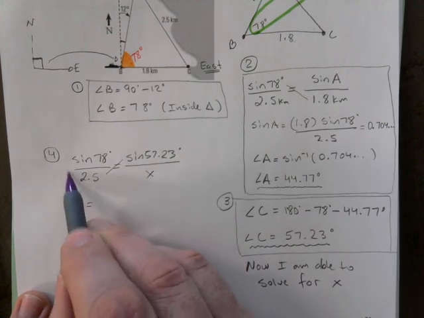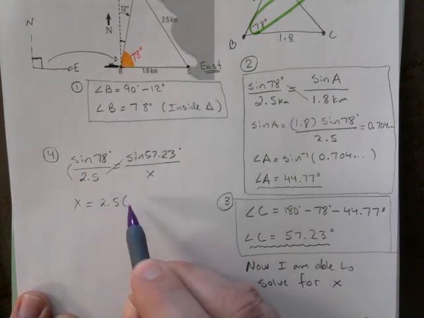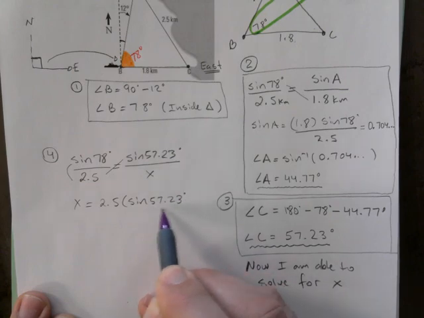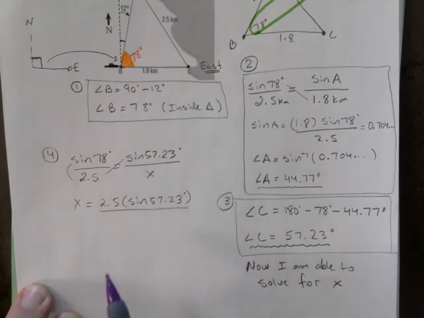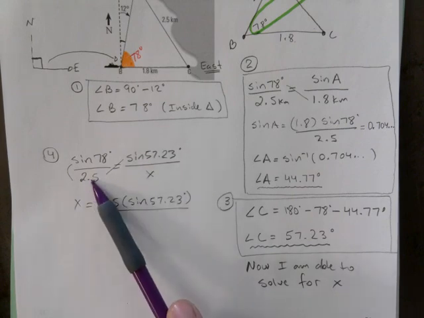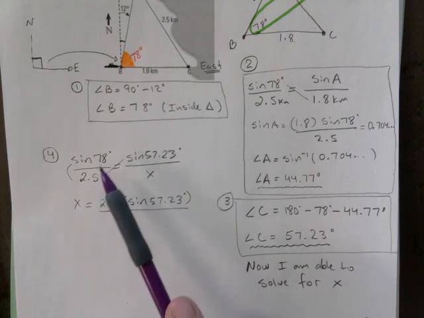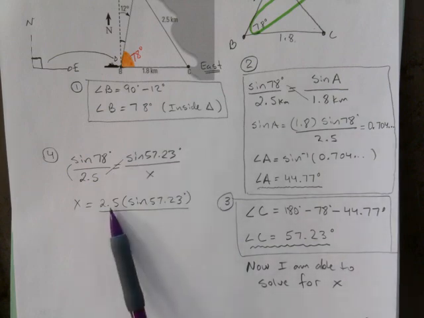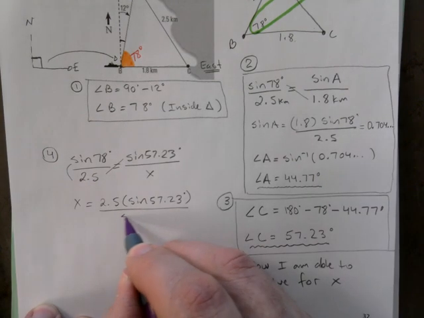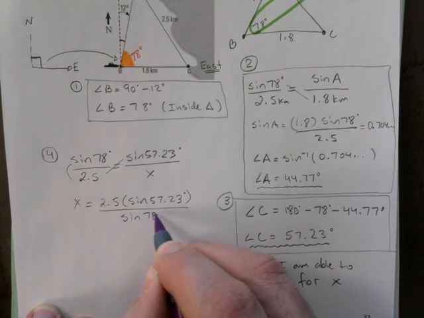You cross multiply and divide. You might tell me, why do you always do, but seriously, why don't you go sine of this times that? Do it in the order, because sometimes 2.5 multiplies the angle and it just throws everything off. It depends on what kind of calculator you have.